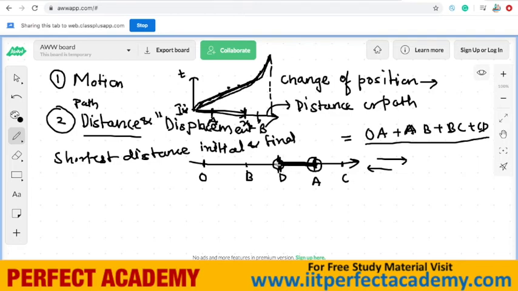Okay, so remember this displacement is a vector quantity, and distance is a scalar quantity.